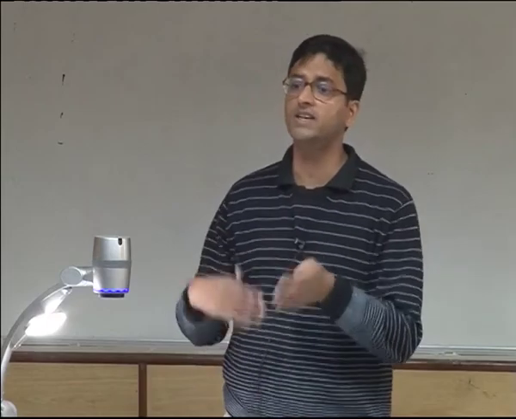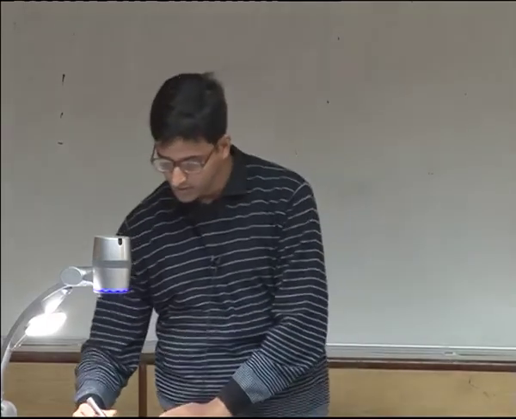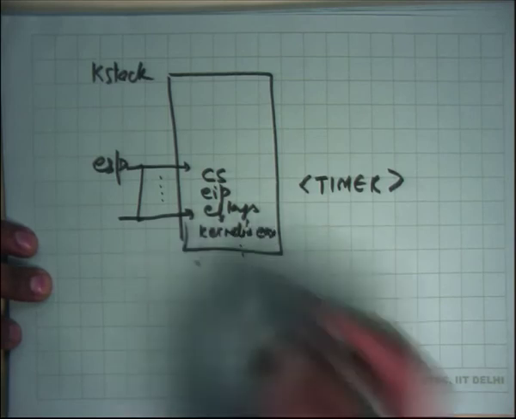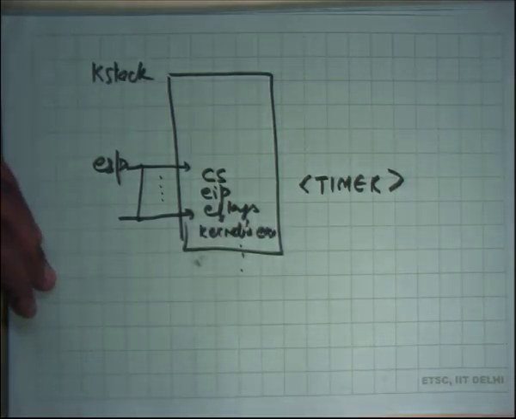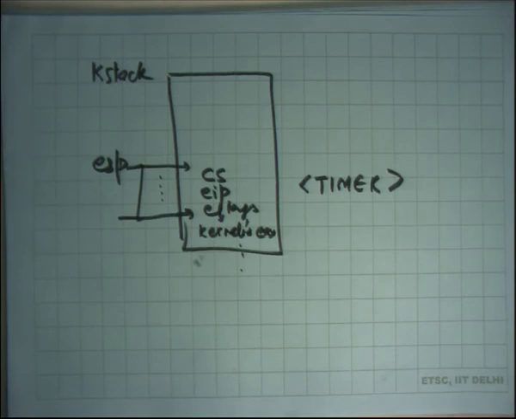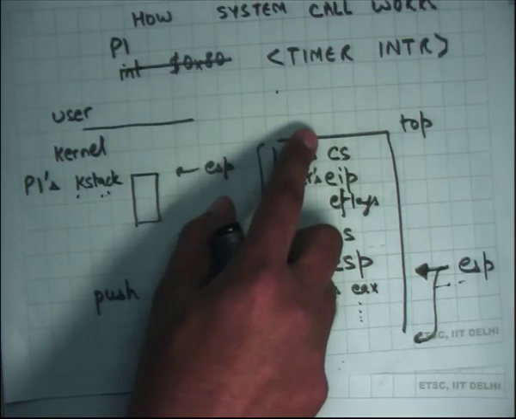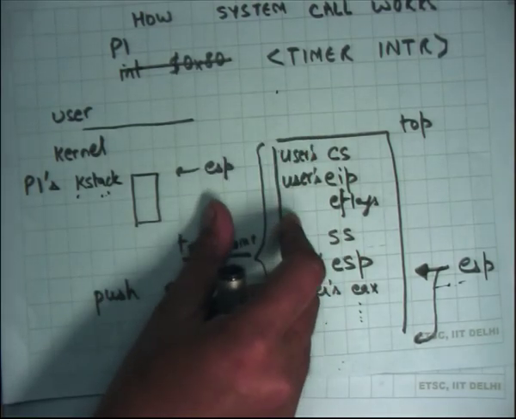So this time you are going to save the kernel's EAX and all the other registers on the stack, and then you may want to call the schedule function just like before. The only difference from the previous case was that you started at the top and all the values you were saving were the user's values.